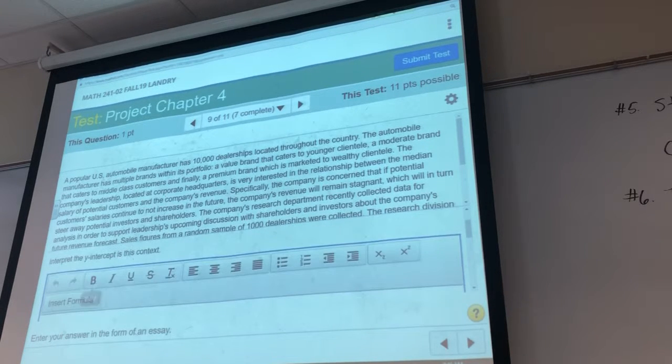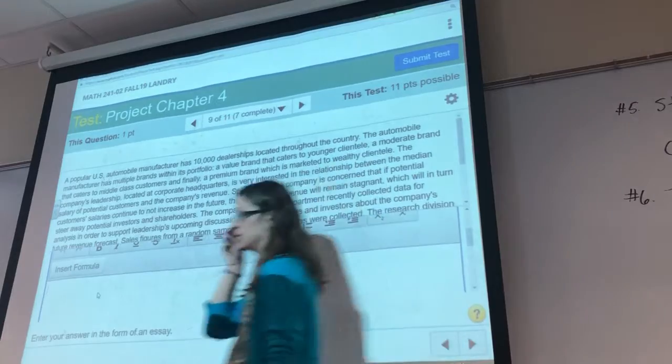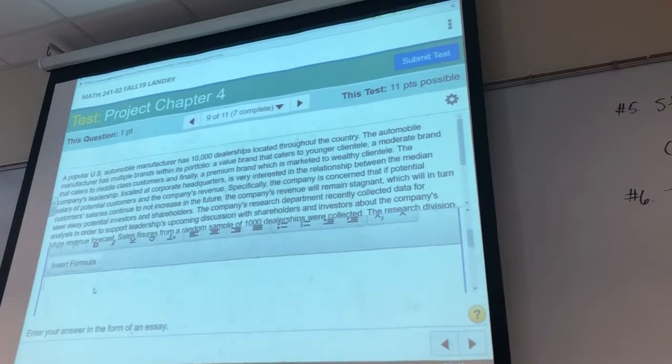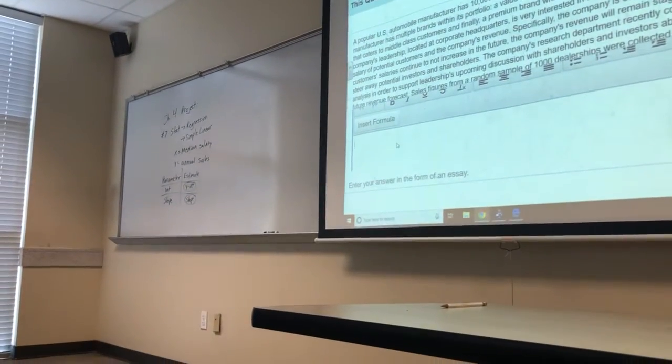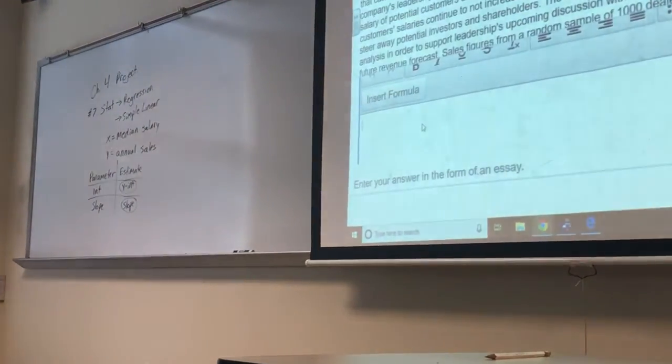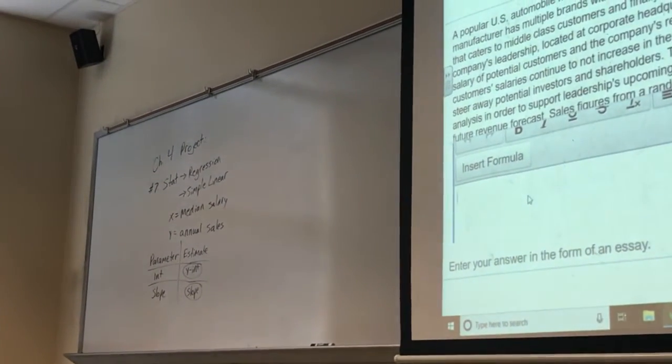Okay. So here, they want you to interpret the y-intercept. So for number 9, first thing you want to check is, does the y-intercept make sense? Because if it doesn't, you don't want to actually just write out anything willy-nilly. So for us, we'll say number 9.